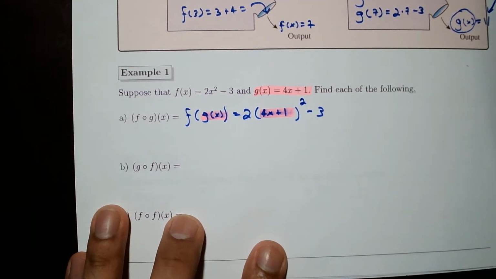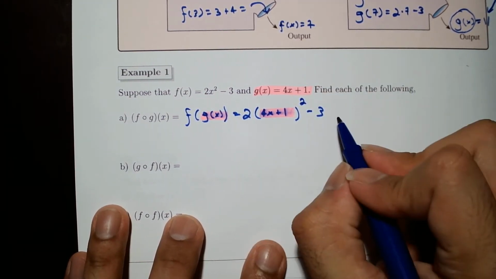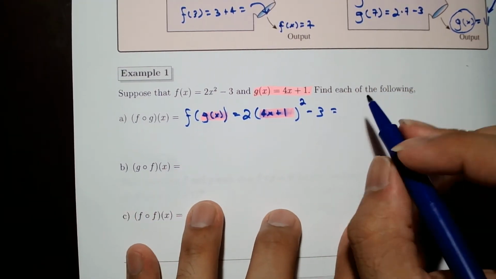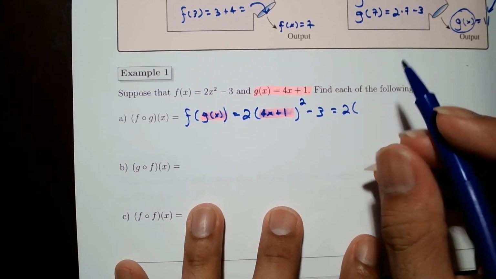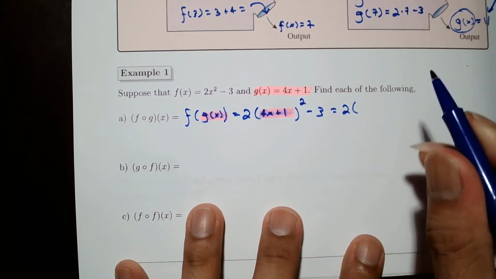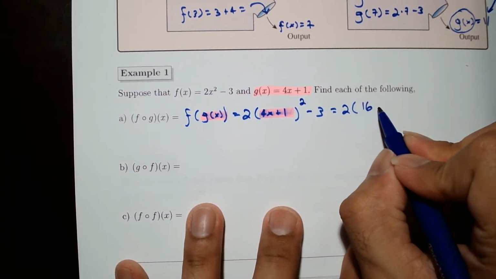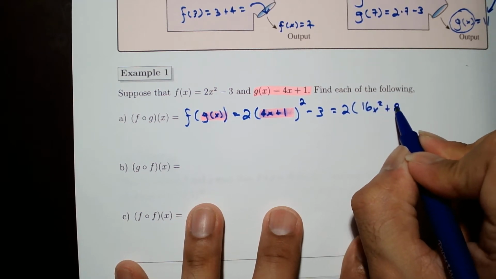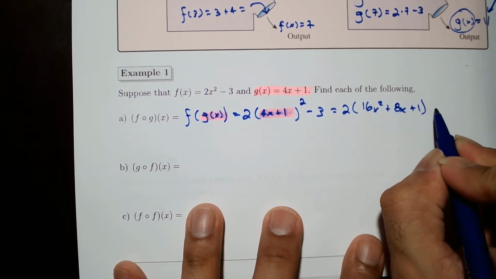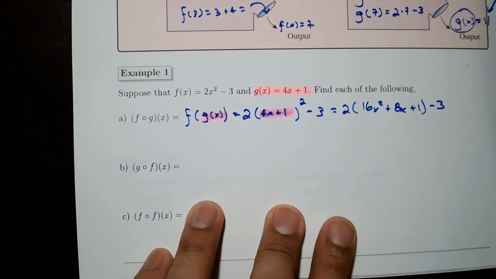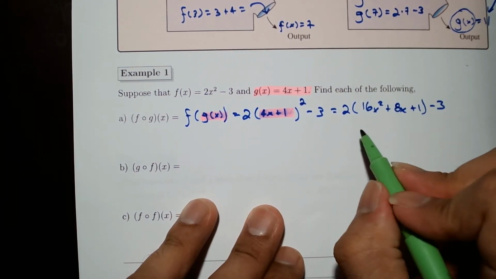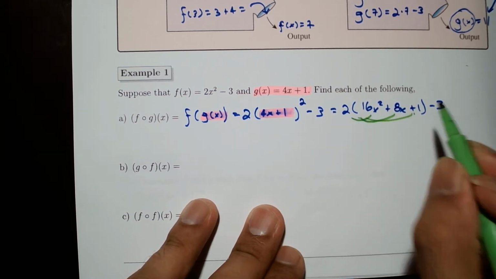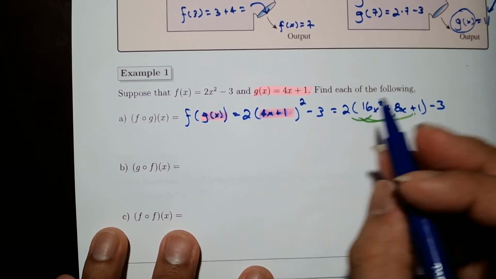Let's simplify this to lowest terms. Of course, let's expand the binomial. That is 2 times 16x squared plus 8x plus 1. So we expand the binomial, subtract 3, and then the next thing we do is distribute the 2 to every single term.